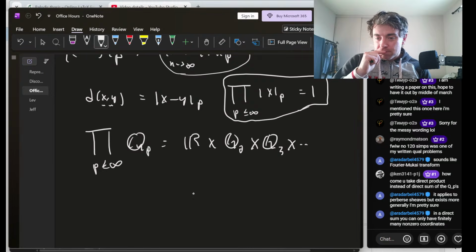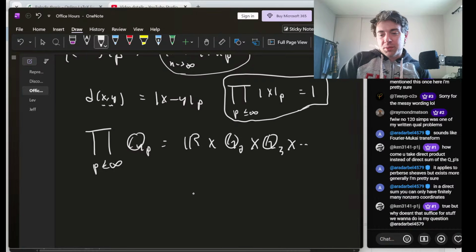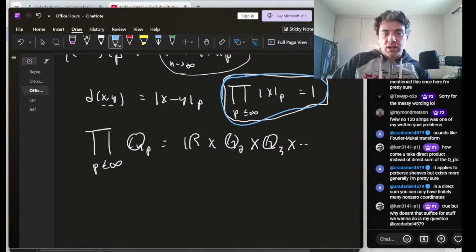Yeah, in a direct sum, you can only have finitely many non-zero quantities, but oftentimes we want that, right? That's true, but why wouldn't I want that? That seems nicer and more controllable. I think you could maybe say something about this and the behavior of integrals.